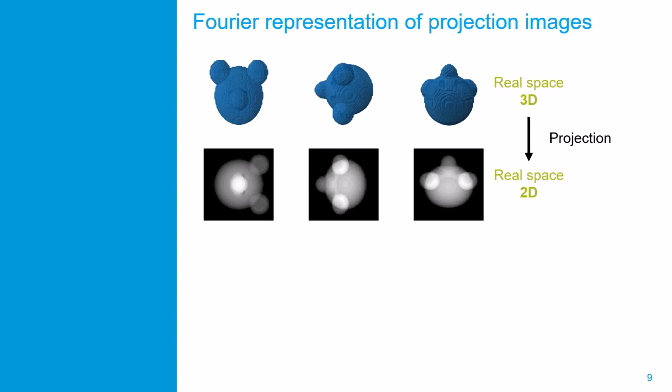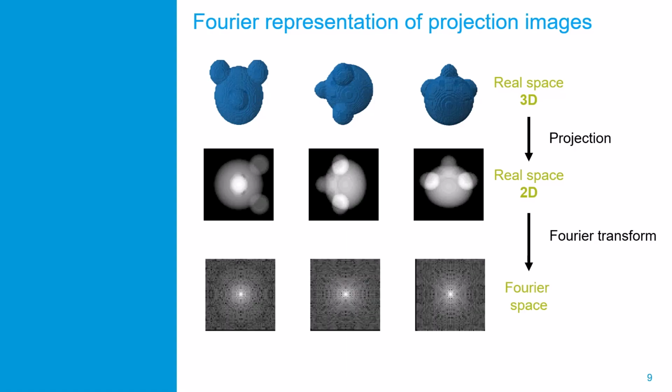And then for each of these projection images, we can compute a Fourier transform, which means that we are representing the image by its constituent waves and their respective amplitudes and phases. And that means that all unique projection views can also be uniquely represented in Fourier space.